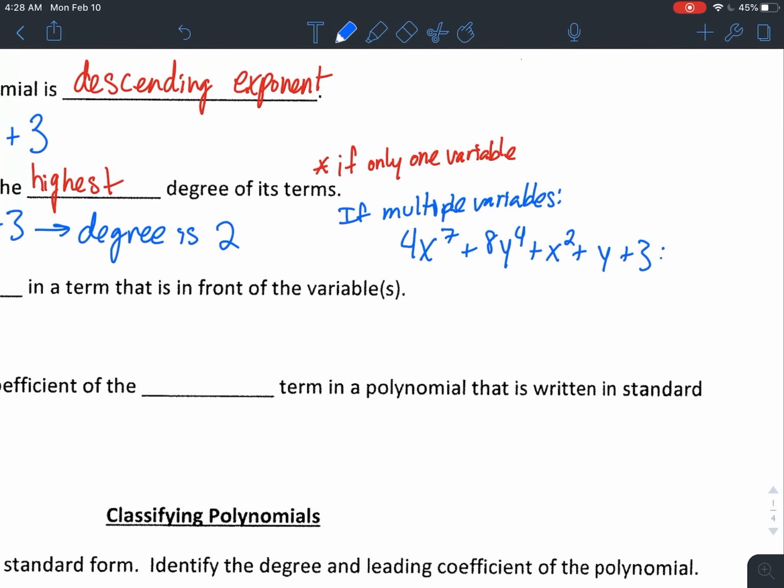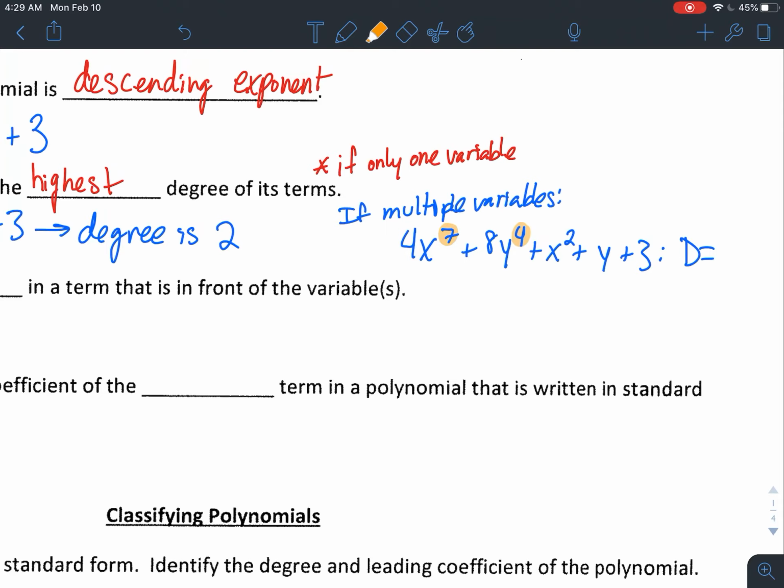When you look at the degree, and I'm just going to use d here for degree, it's the highest exponent on each different unique variable. So I have two variables in this polynomial. I have x and I have y. And the highest degree on x is 7. The highest degree on y is 4.